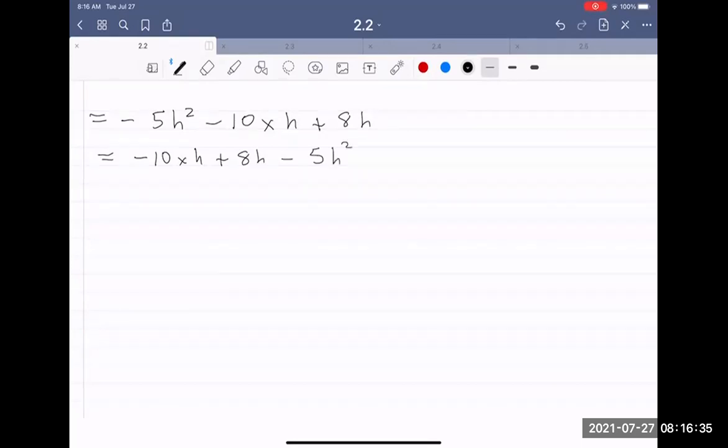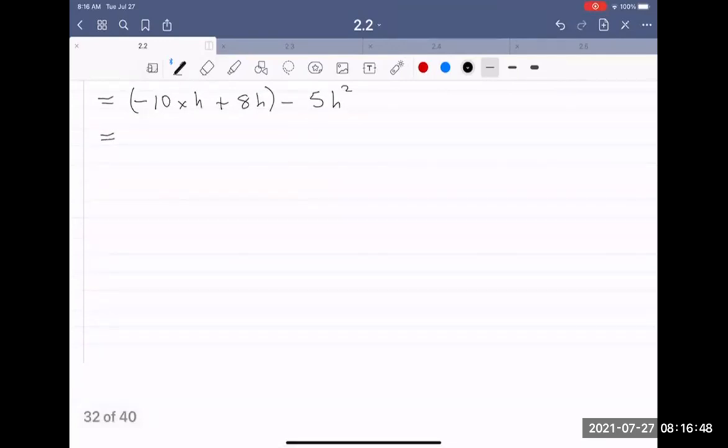Why? Because let me factor out h from this first grouping. So this is h. Oh, and let's actually write it this way: minus 10x plus 8, all times h, minus 5h squared.